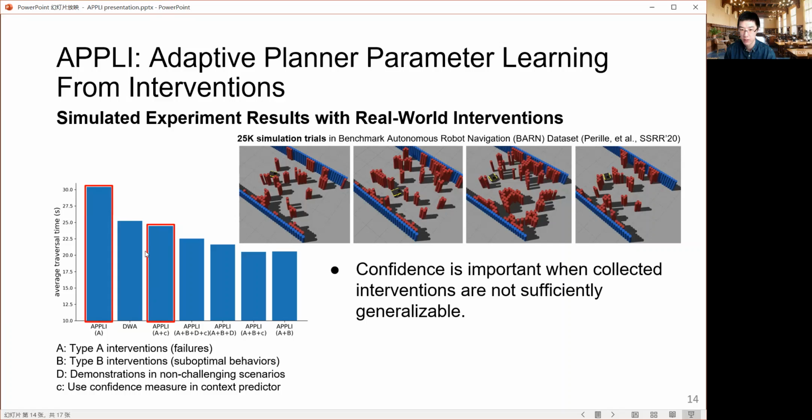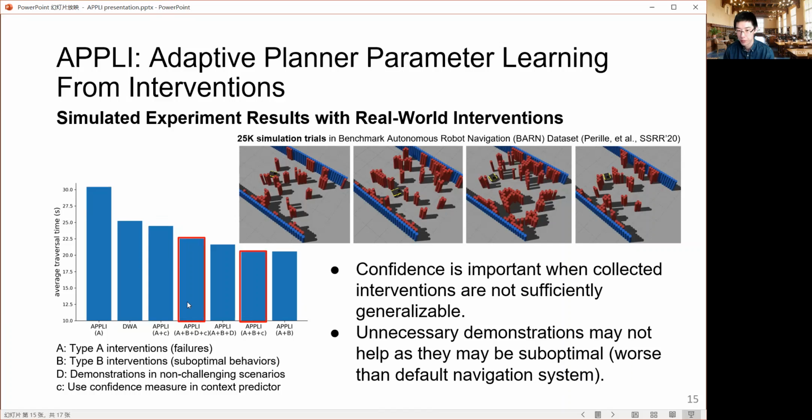When it only has 2 interventions, we cannot expect it to work for every scenario in this simulated environment. However, when it has 4 interventions or even 4 demonstrations, it can generalize much better. In that case, using confidence measure or not doesn't differ much.